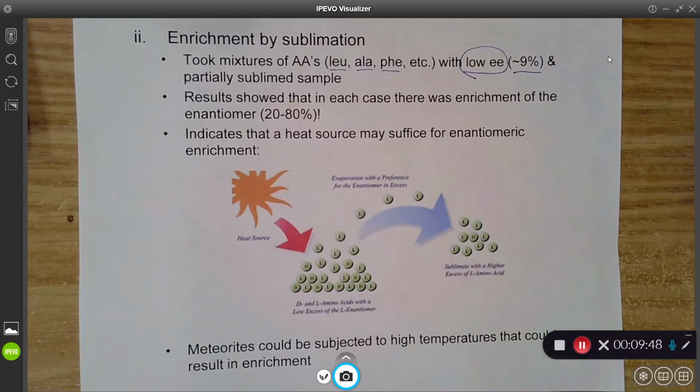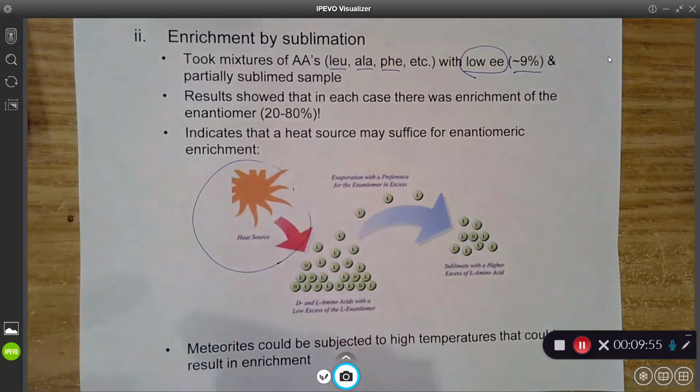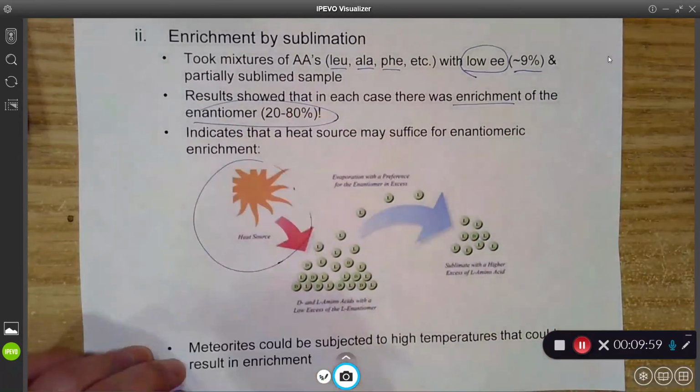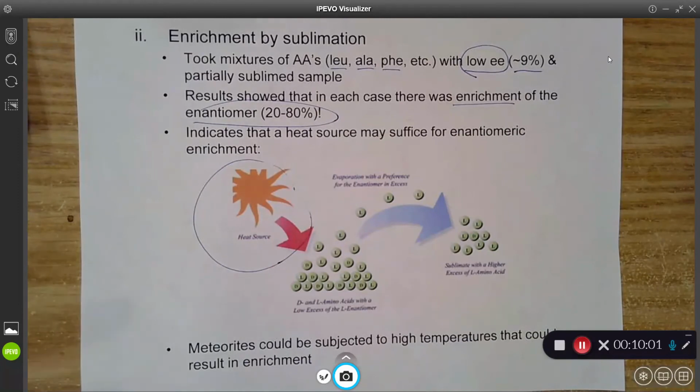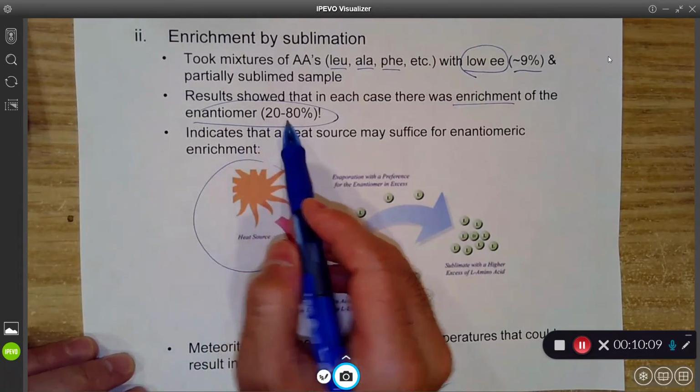Every time they sublimed these samples, heating them to a very high temperature, they got a loss of the amino acids. However, the enrichment of these enantiomers would rise. They'd start at 9%, and maybe the next time it would be 15%, and they would eventually reach somewhere between 20 to 80%.